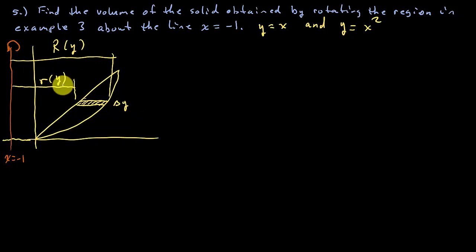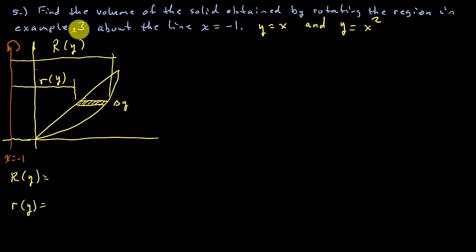All right. Now, let's get the big radius and let's get the smaller radius. All right, so the larger radius, well, let's see. From here to here, from the y-axis to this point, I'm going over what? x units, right?